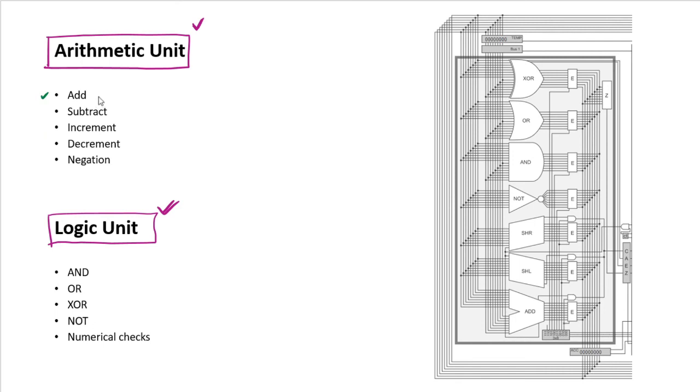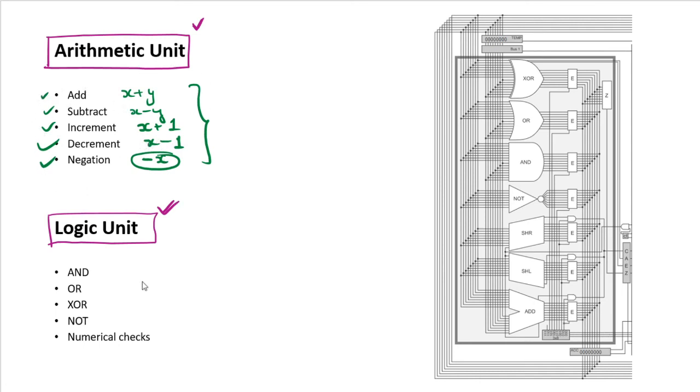Addition of two numbers like x plus y, subtraction like x minus y, increment like x plus 1, decrement like x minus 1, and negation, minus x. All these can be performed using the arithmetic unit.